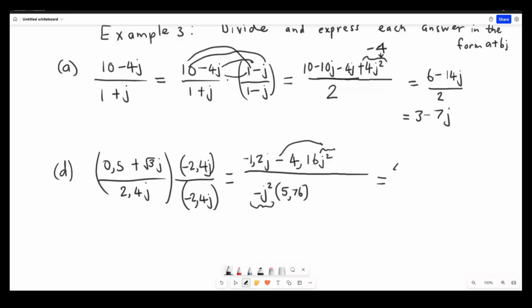So I've got 4.16 minus 1.2 j. And then in the denominator, oh, I missed something here, 1.2 j. I want you guys to double check my work there.